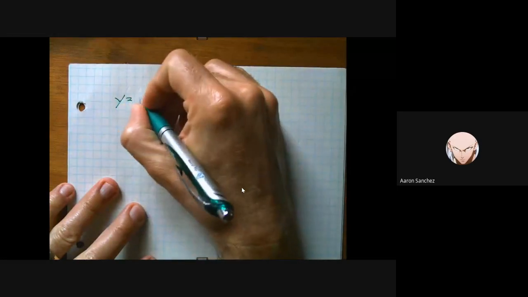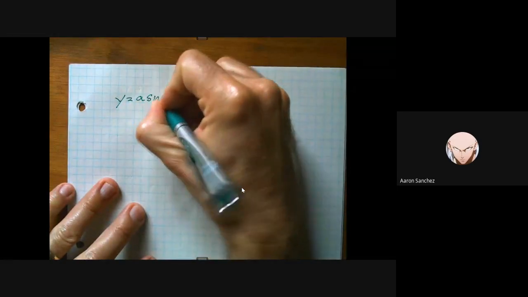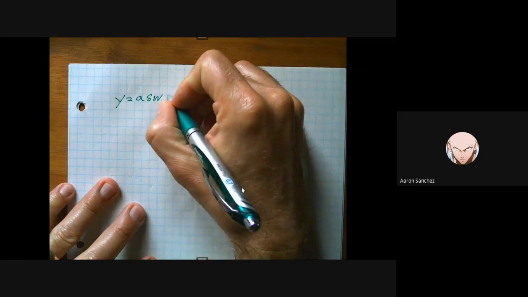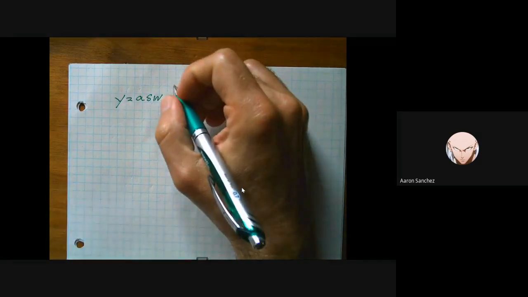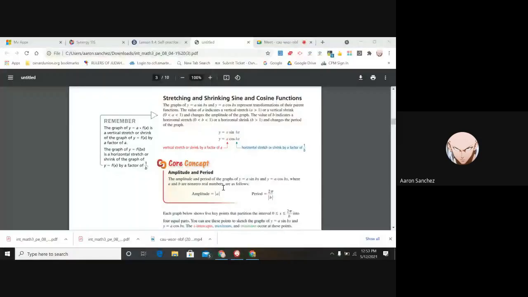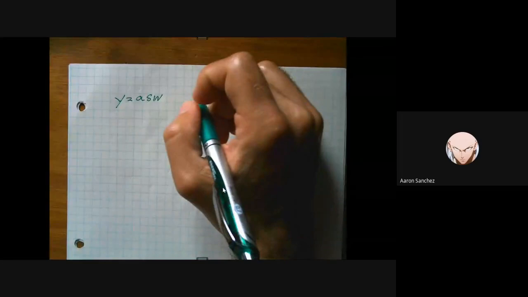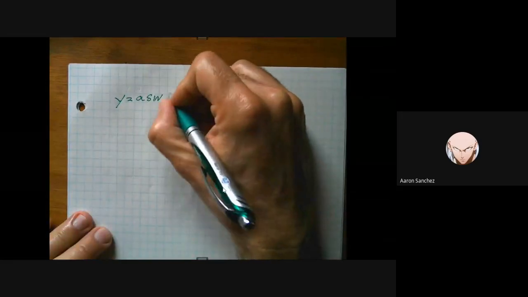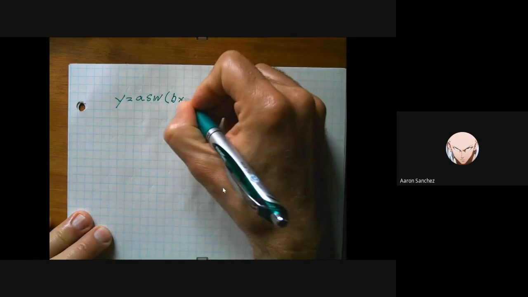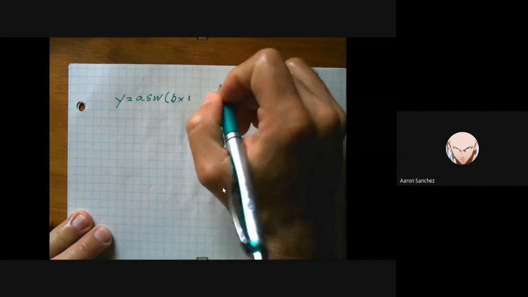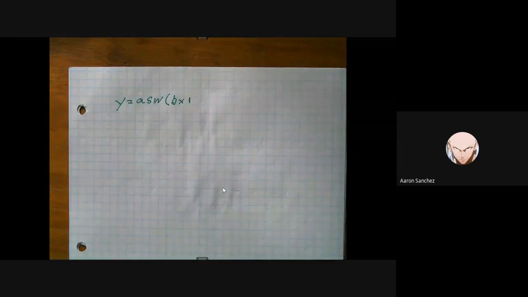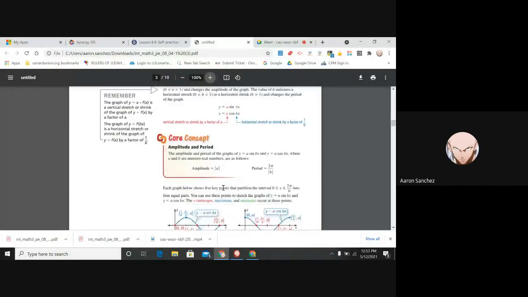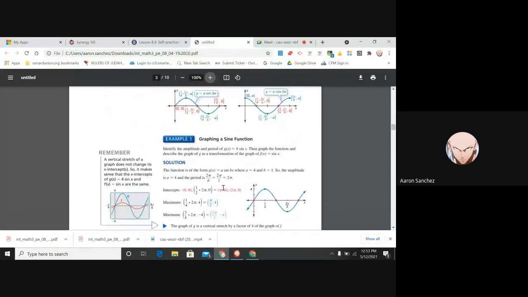Y equals a sine b of x plus... hang on a second. Sometimes this is parentheses, sometimes it is not. I'm looking at two different notes here. I want to make sure I'm consistent on how I teach it to you guys.